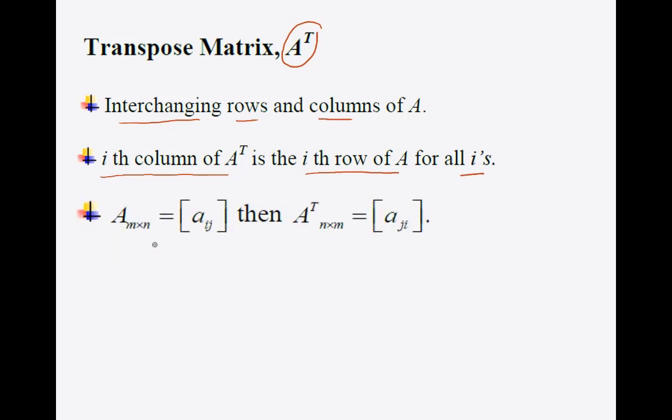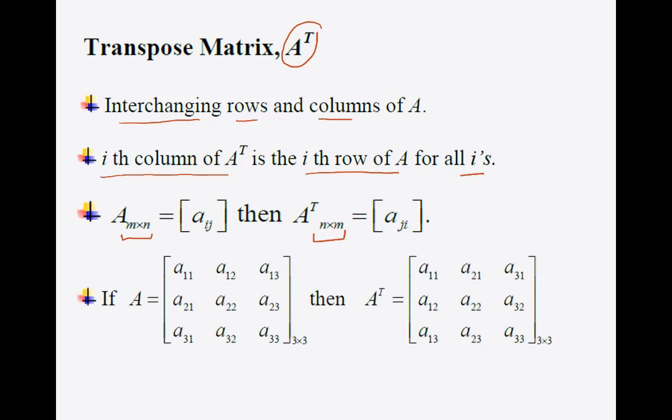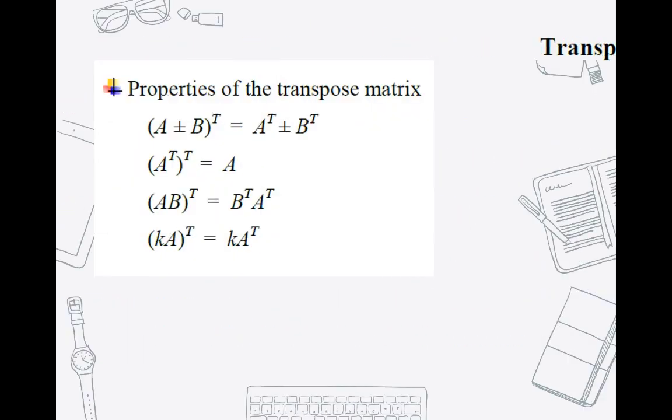If we have matrix A with order m times n, then the transpose will be n times m. They have given one example here: look at the row of matrix A, A11, A12, A13, which becomes the column. We will understand better if we try an example.